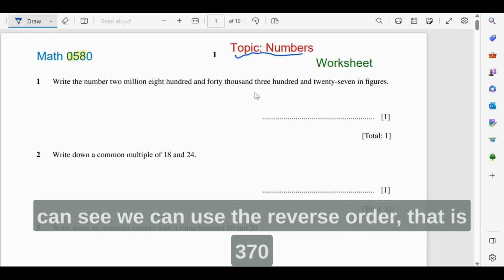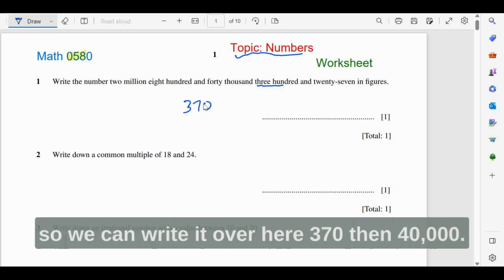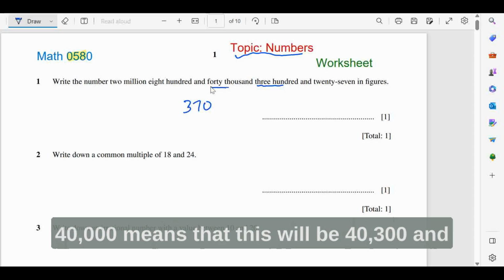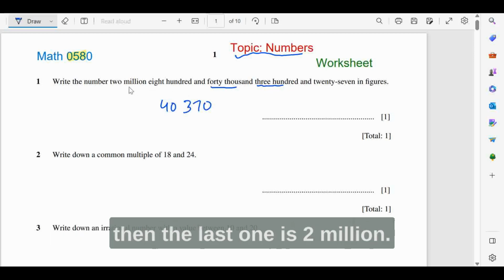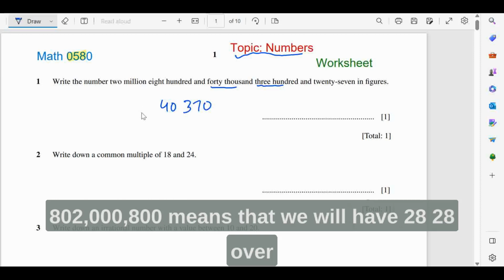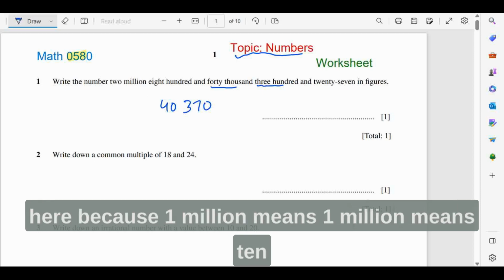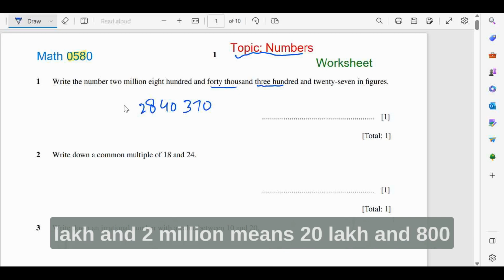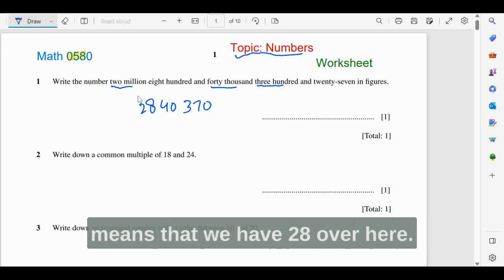2,840,327 in figures. We can use the reverse order, that is 370, so we can write it over here, 370, then 40,000. 40,000 means that this will be 40,300, and then the last one is 2,800,000. 2,800,000 means that we will have 28 over here, because 1 million means 10 lakh, and 2 million means 20 lakh, and 800 means that we have 28 over here.